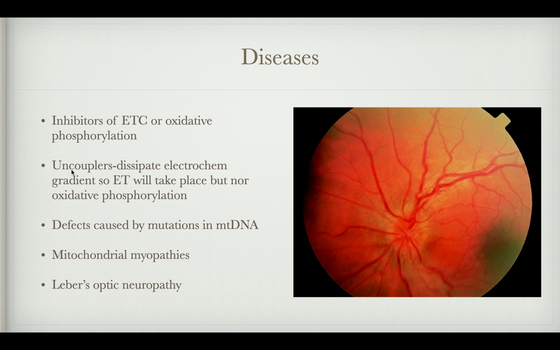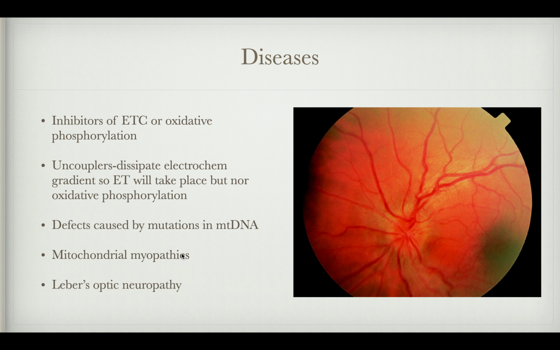One of the important ones are the uncouplers that will dissipate the electrochemical gradient. So the electron transport will take place, but not the oxidative phosphorylation. Defects will be caused by mutations, of course, in mitochondrial DNA, and that will lead to the mitochondrial myopathies, which are diseases of the muscle.